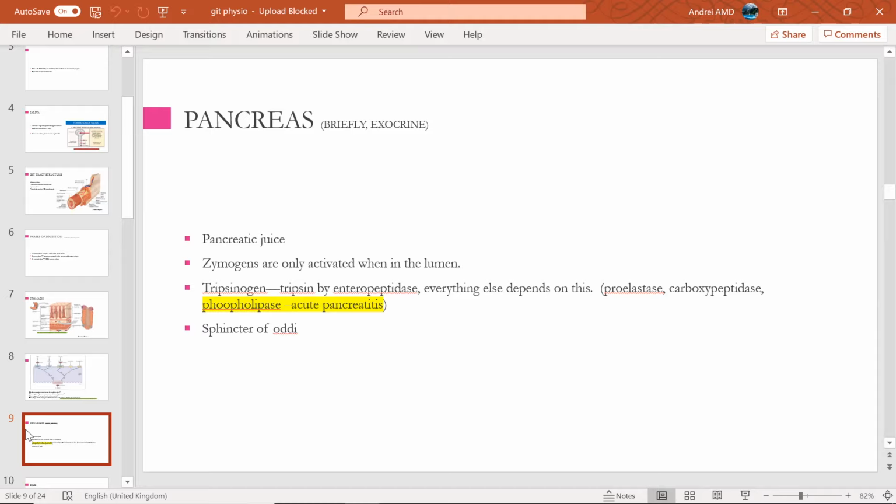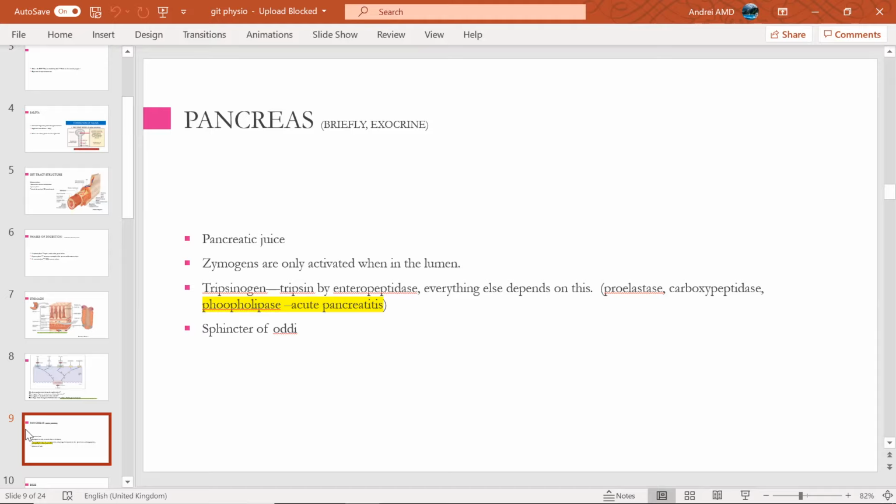And I didn't put the list here, but there's a lot of enzymes. You could have a look at your textbook, but there's a lot of enzymes secreted by this pancreas, and they're responsible for different things like elastase, carboxypeptidase, phospholipase, these kinds of things.